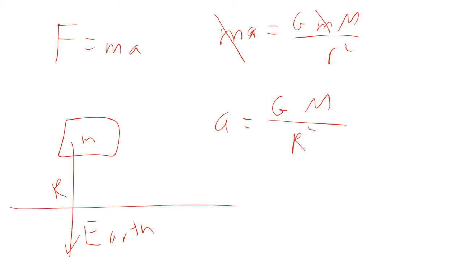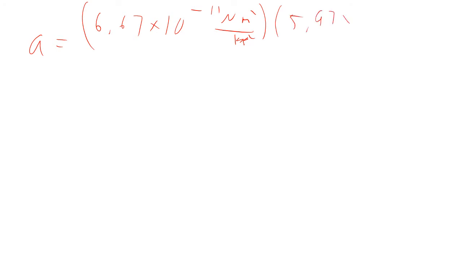If we plug in these numbers, the acceleration is 6.67 times 10 to the minus 11 newton meters squared per kilogram squared, times the mass of the Earth, 5.97 times 10 to the 24 kilograms, divided by the radius of the Earth.